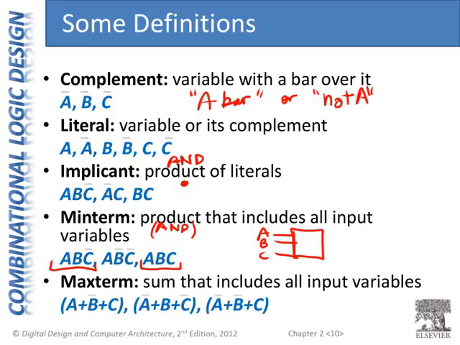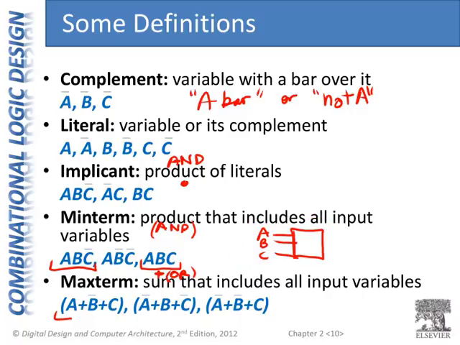Max terms are sums. Remember, sum, we've taken over that OR operation, the plus symbol for the OR operation. So max terms are a sum or an OR term that includes all input variables. So again, consider our circuit here that has inputs A, B, and C only.